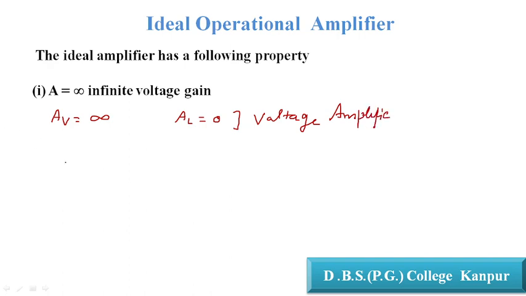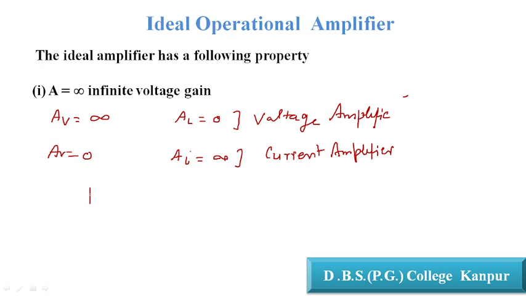If AV is equal to zero and AI is equal to infinity, then it is a current amplifier.